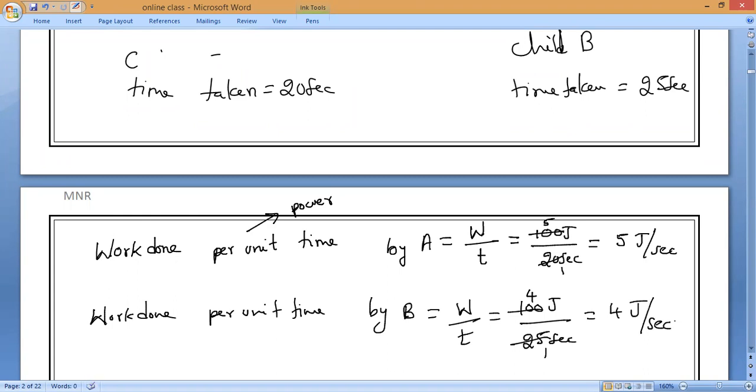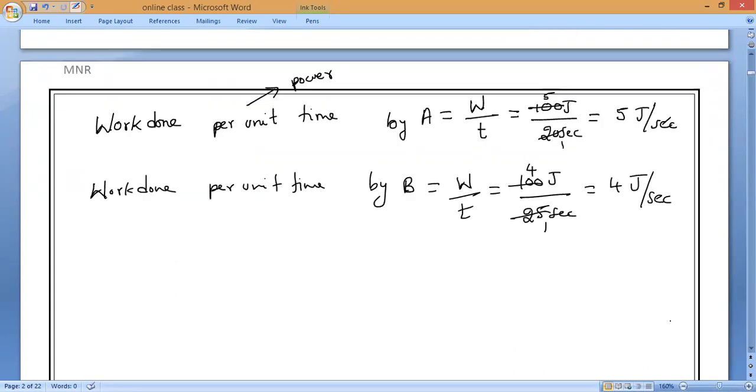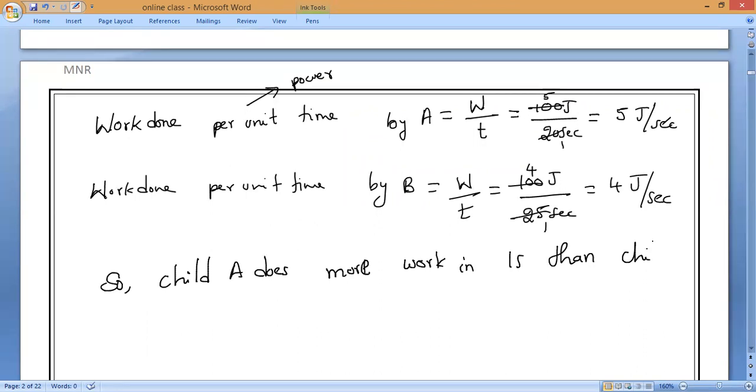So who has done more work in 1 second? Child A. So I can say who is more powerful, child A or child B? Child A, sir. So I can say child A does more work in 1 second than child B.